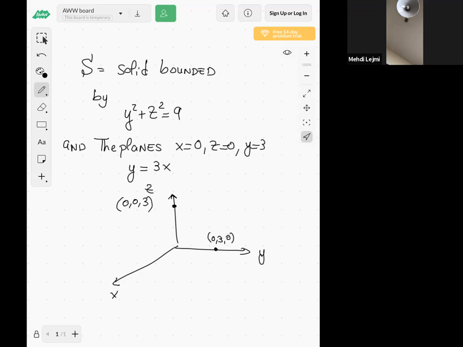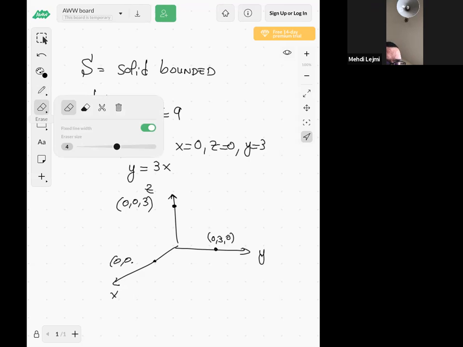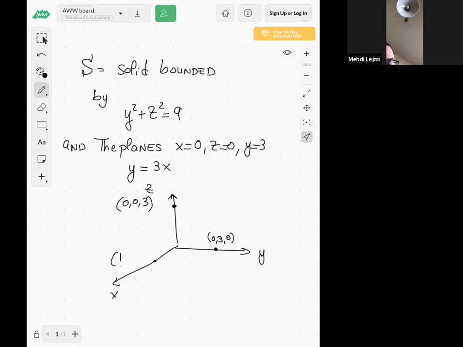And we need a 1 here, sorry, 1, 0, 0. So I'm going to need this point right here, the point 1, 3, 0.